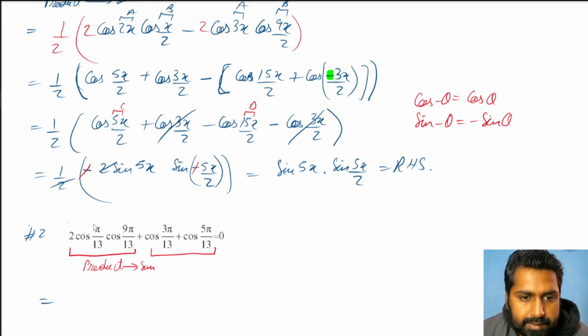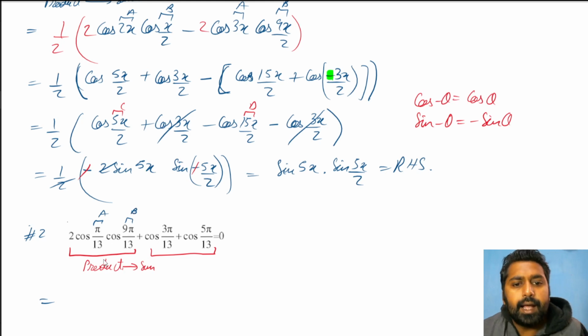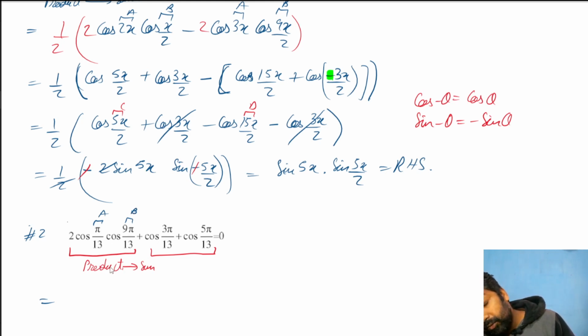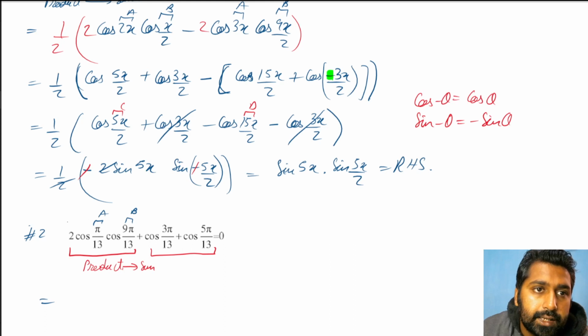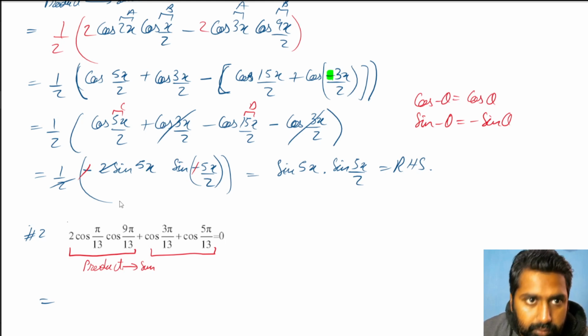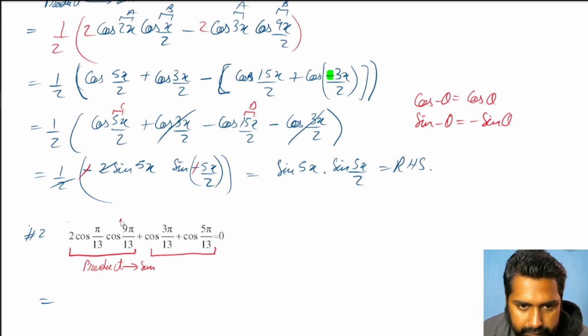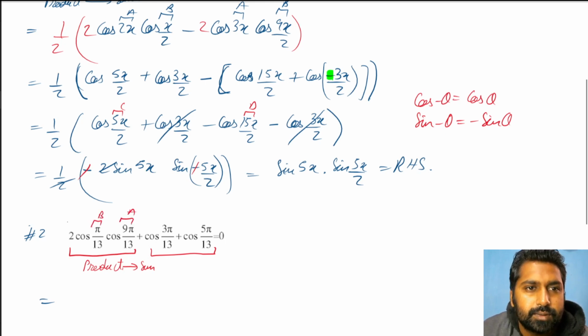So let's apply this cos A cos B. For simplicity, what you can do is always take A as the bigger one, so you will not get a negative generated. It's not a compulsion that the first one has to be A. You can take this one as A and this one as B, because in a product it doesn't matter which one is written first.